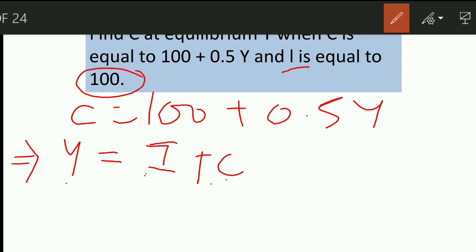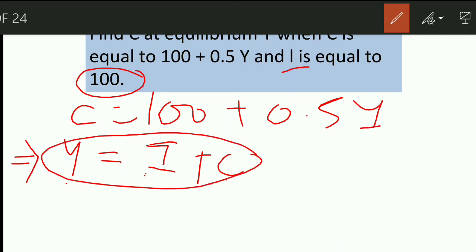So we can write that income is equal to total investment plus total consumption at the point of equilibrium. All right, so these two things are very clear to you. So in place of income, we can put this value, that is I plus C, in this equation.